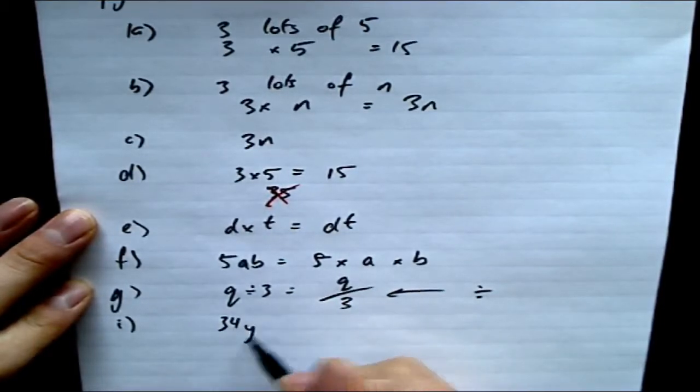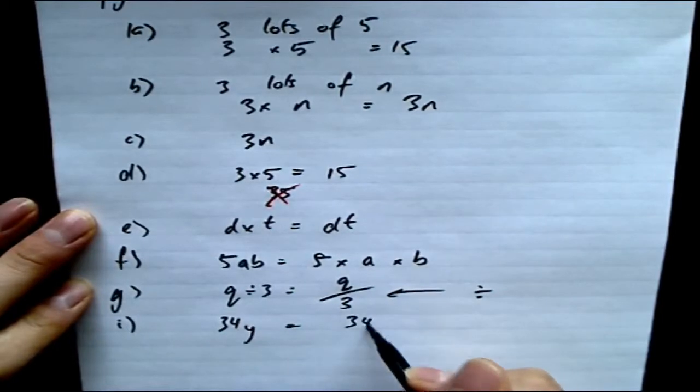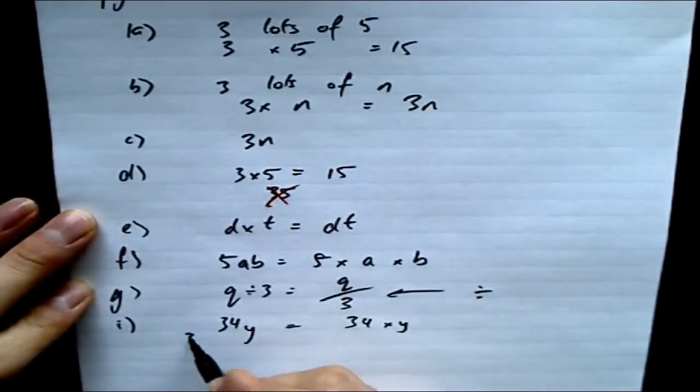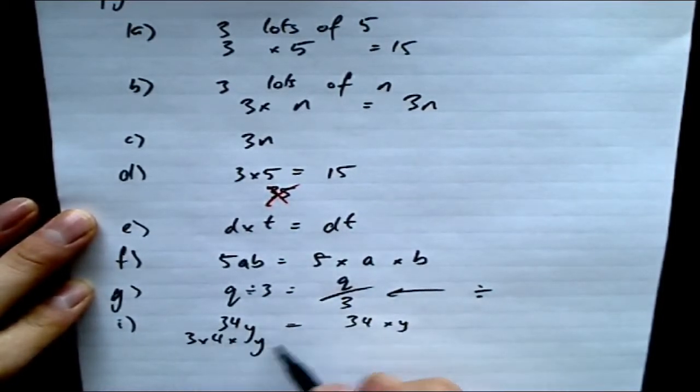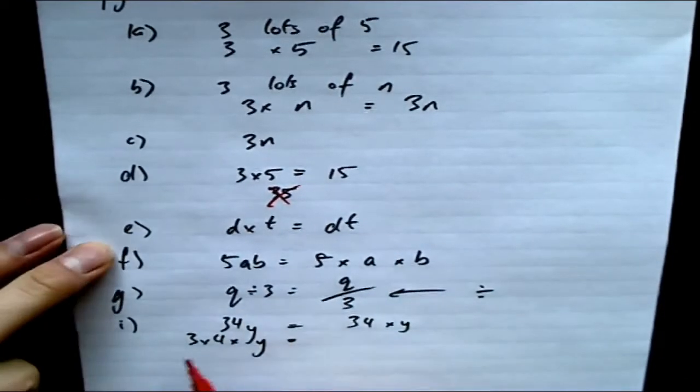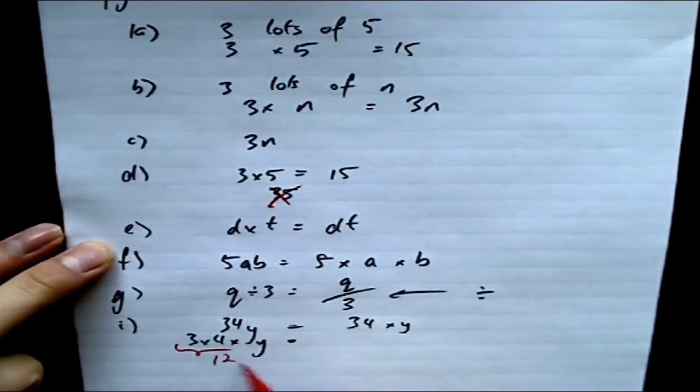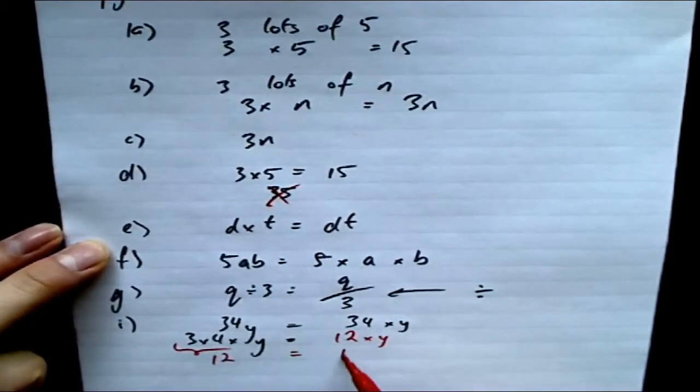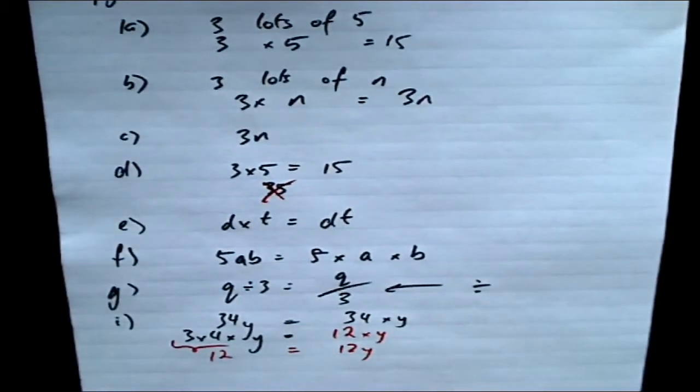Alright, so 34y is 34 times y. But 3 times 4 times y, well, that can be simplified into 12. So that becomes 12 times y. 12y. So very careful.